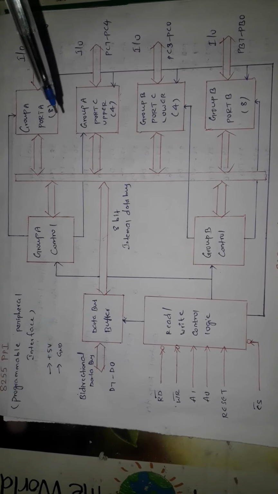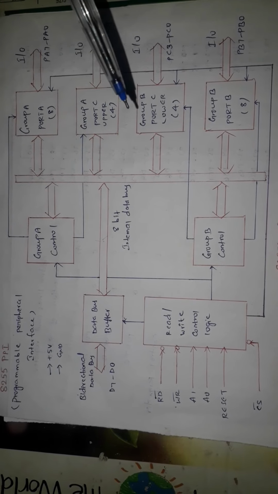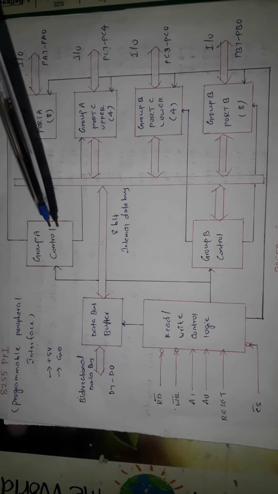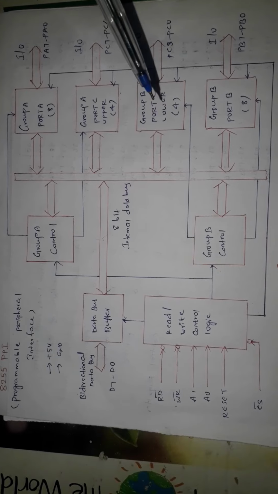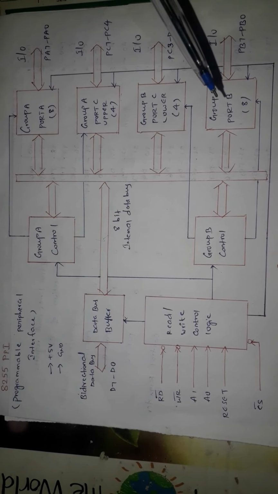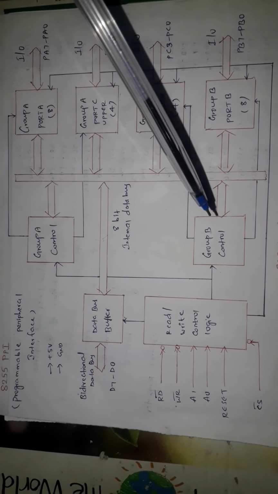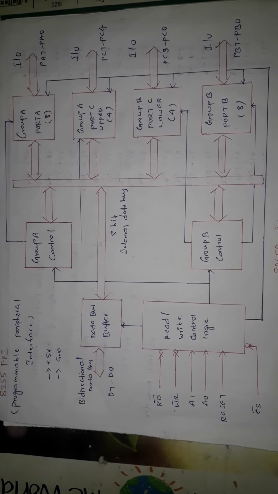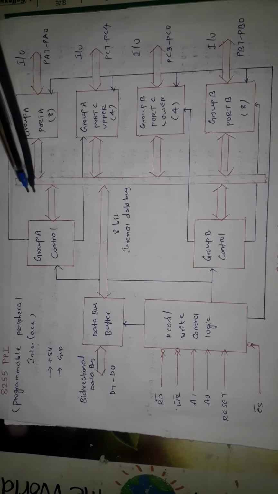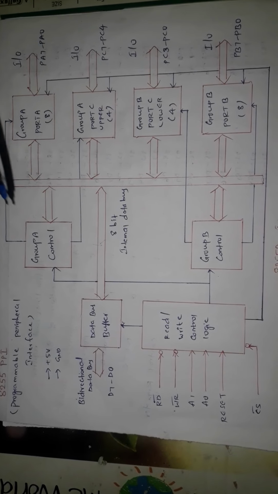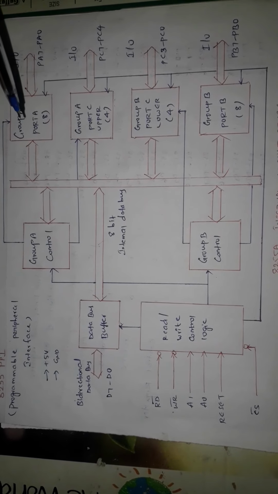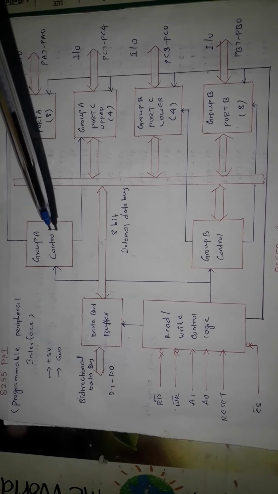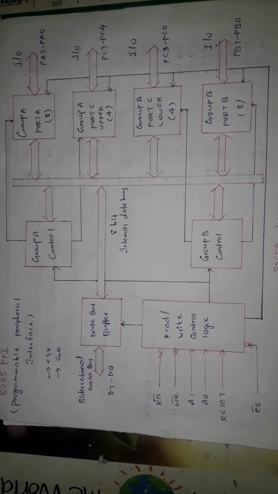So group A is under the control of group A control, that is, port A and port C upper are under the control of group A. Port C lower and port B are under the control of group B. The size of this register is 8 bits. So in total we have 4 8-bit registers used in this architecture: 3 for ports and 1 for the control register.